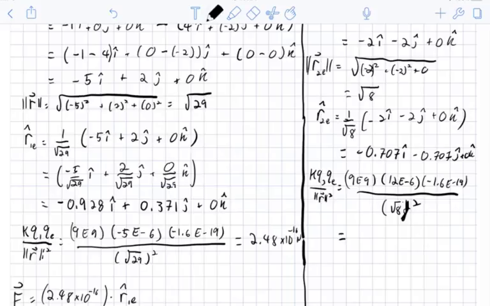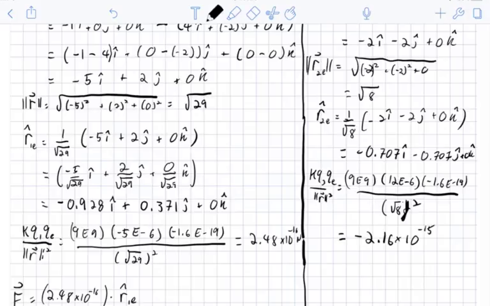Wait, hold on. Let me redo that. I think I made a mistake. Times 12E minus 6 times minus 1.6 E minus 19 divided by 8. Alright, so that's minus 2.16 times 10 to the minus 15.